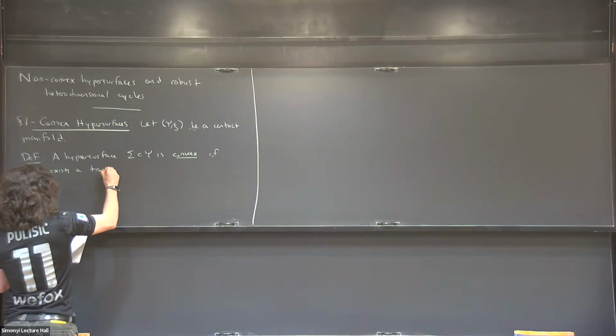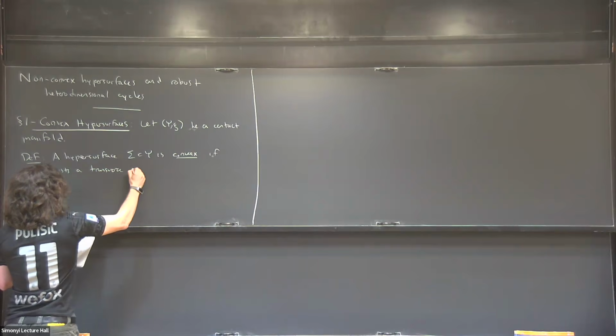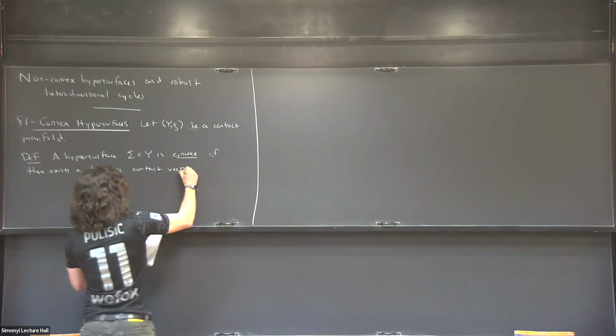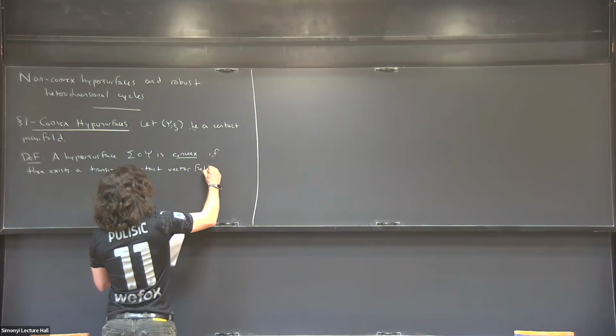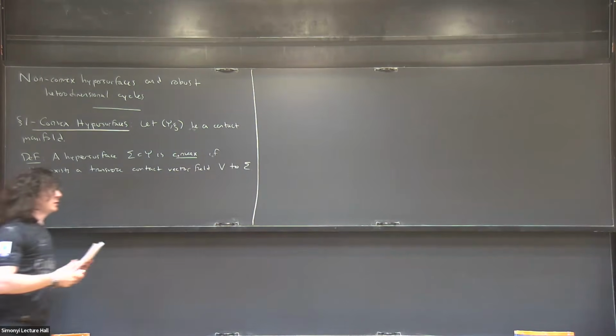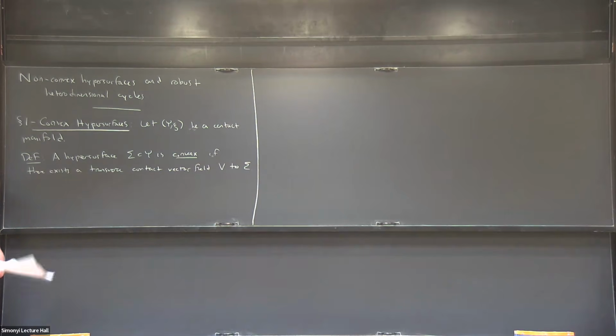A transverse contact vector field. So it means that there exists, at every point, a hypersurface in the contact manifold such that there exists a vector field which is transverse to the surface and contact, right?